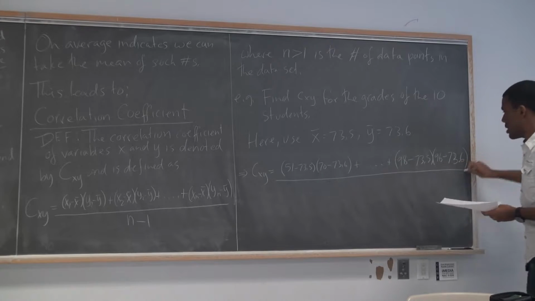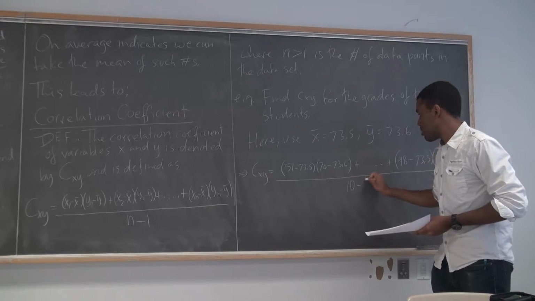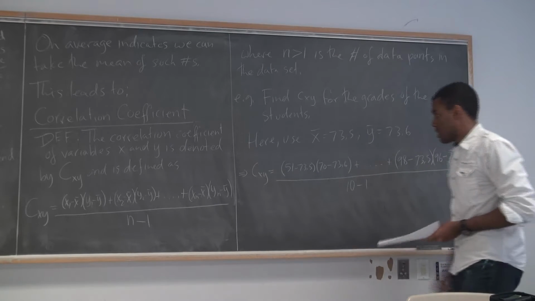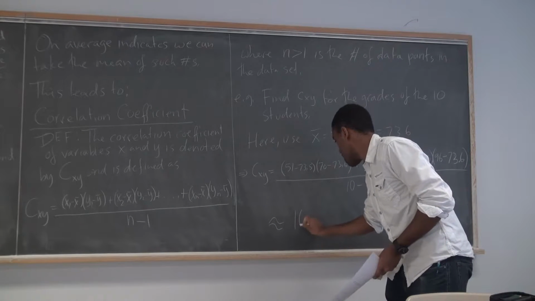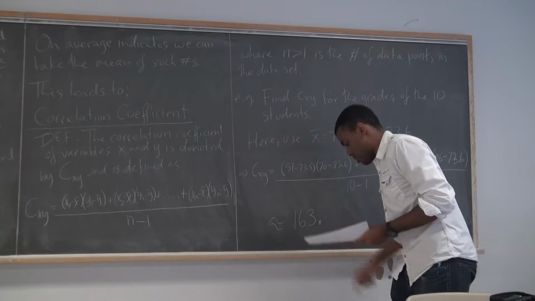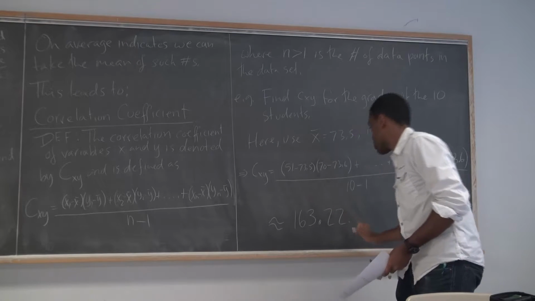Divide that. There were 10 data points, so we divide this by 10 minus 1. And this will give you, if you compute it all, which I've already done for you, 63.22.